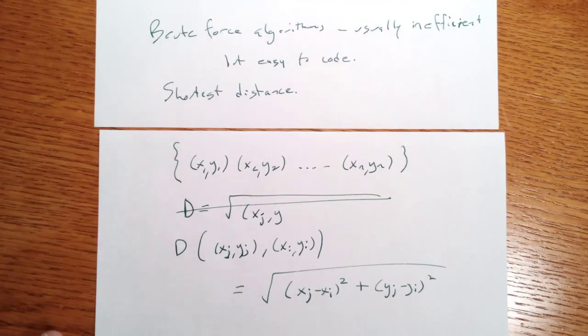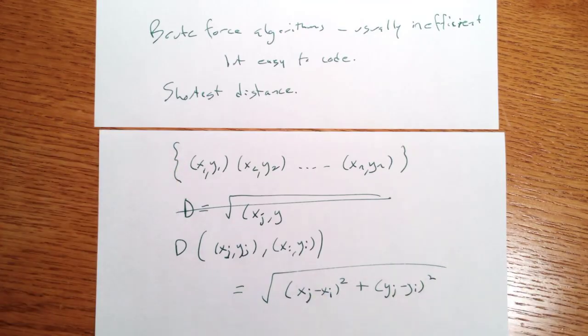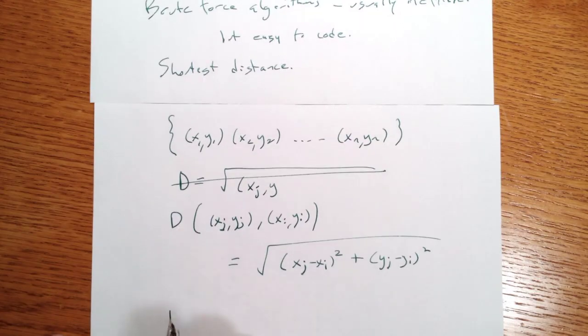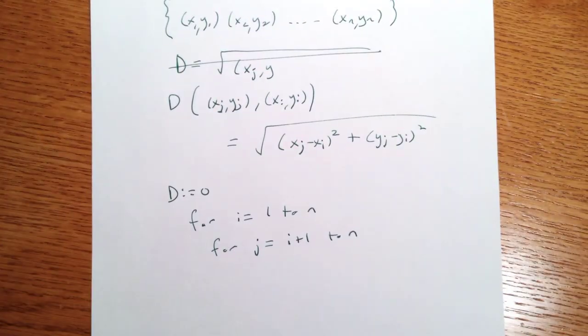But the problem is, in order to do this, I need to check all the distances. So what I need to do, and this is going to look familiar, is the following. Start by setting d equal to 0. Then take the first point and compare it to all the rest of them.